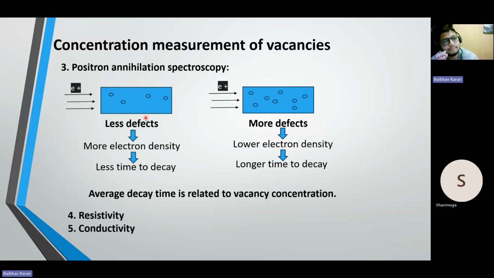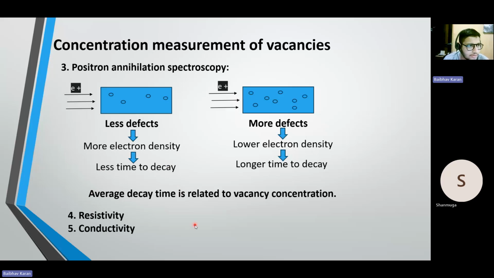So this time difference, how much time it takes to decay and how much time it does not react with the electrons, can be related to the vacancy concentration. That is the average decay time, which is given by tau equals tau 1 plus tau 2 nu cv by 1 plus tau 1 nu cv, as discussed by Professor Shashank.